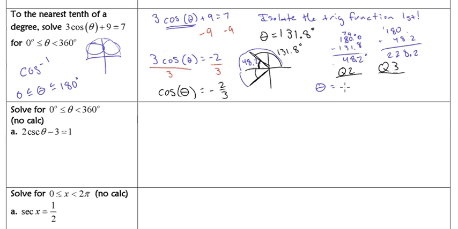In quadrant 2, we have 131.8 degrees, and in quadrant 3, we have 228.2 degrees. So there's our two answers within the domain of the problem, and being able to work backwards from knowing that the domain of the inverse of cosine is limited. I hope that helps.